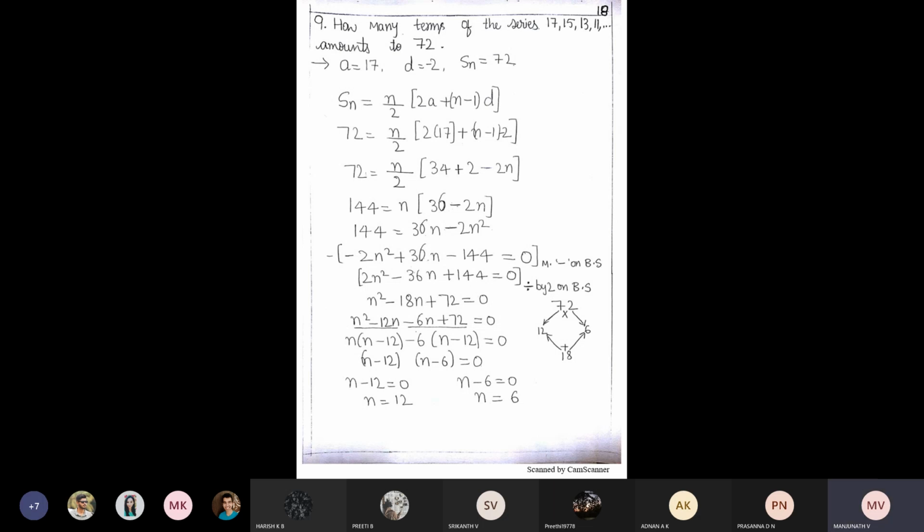If you arrange the terms, you get minus 2n square plus 36n minus 144 is equal to 0.